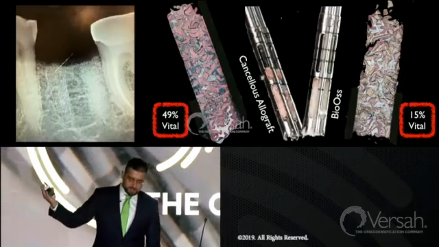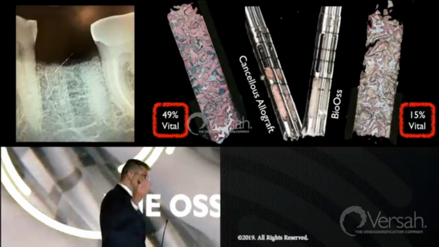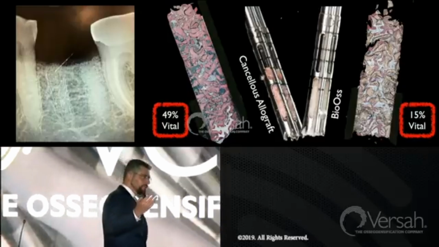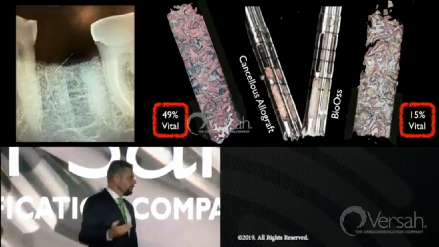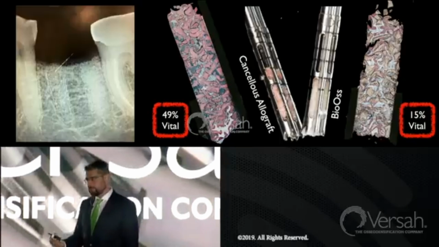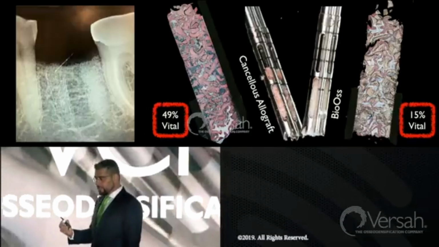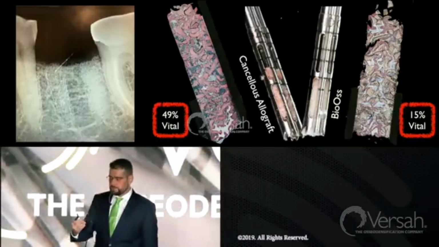And what do you get? Here's what things look like at 4 months. One is 50% vital, and the other one is 15. What are the key differences here at 4 months?